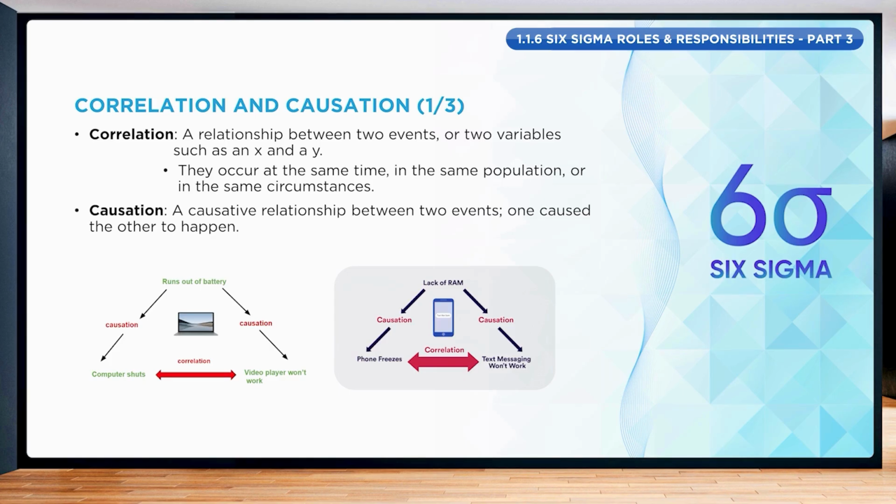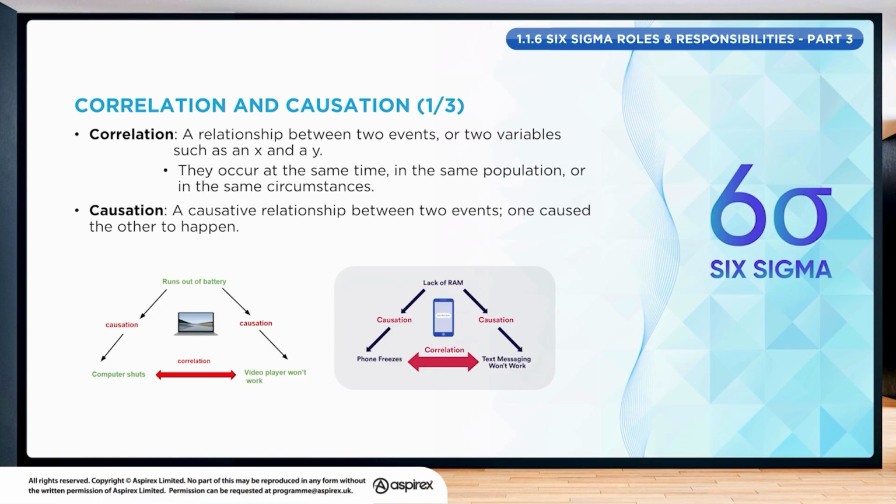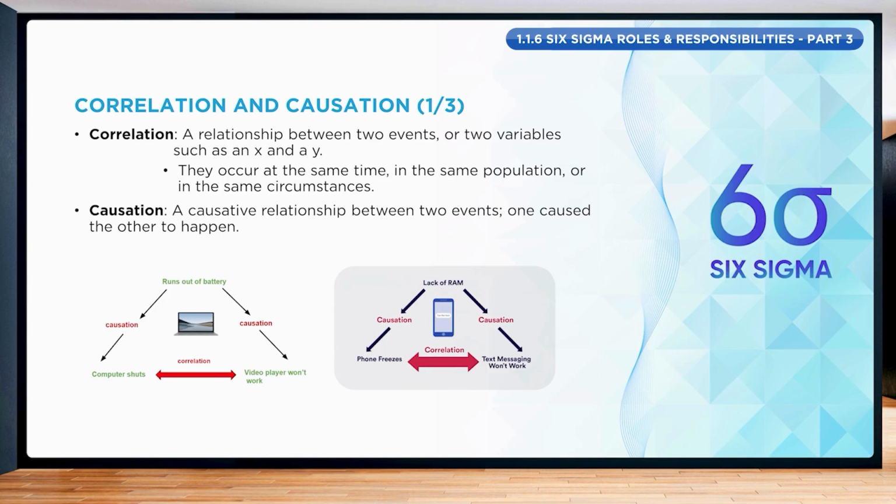So, a very relevant topic is the term correlation and the term causation. When we're talking about correlation, in Six Sigma projects, it is very typical to try to determine if there is a relationship between two variables, for example, an x, which is an input, and a y, which is an output.